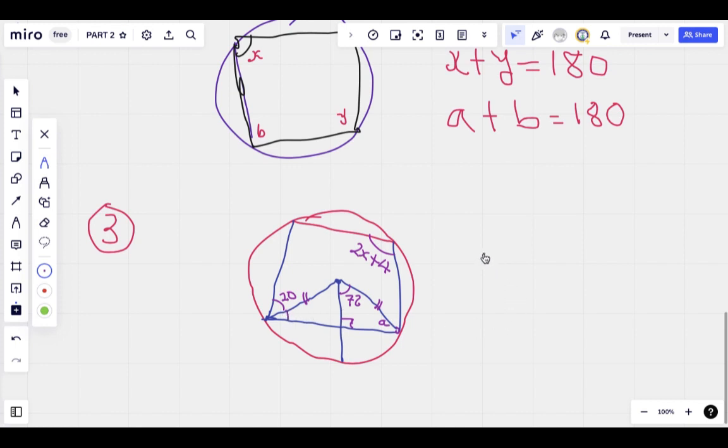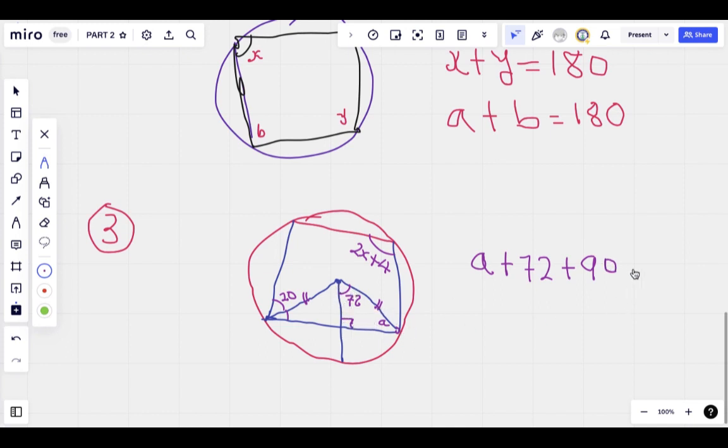So you can first of all say A plus 72 plus 90 equals 180, because this is a small triangle itself.